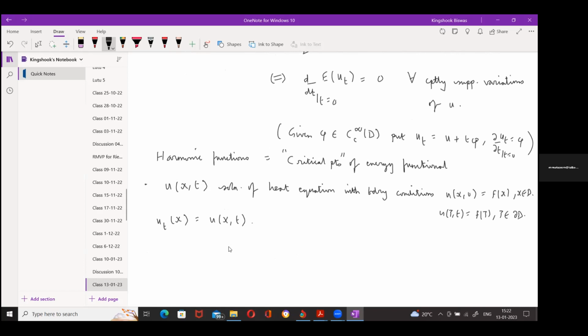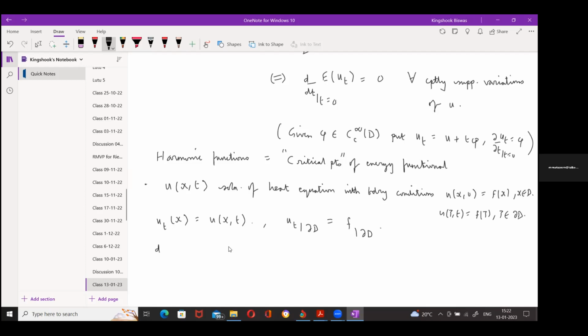So this is my one parameter family of functions. Now what I said last time is that the energy of these functions u_t will be decreasing in time. We can see that easily because u_t restricted to the boundary of D is constant, equal to f restricted to the boundary of D. Okay.